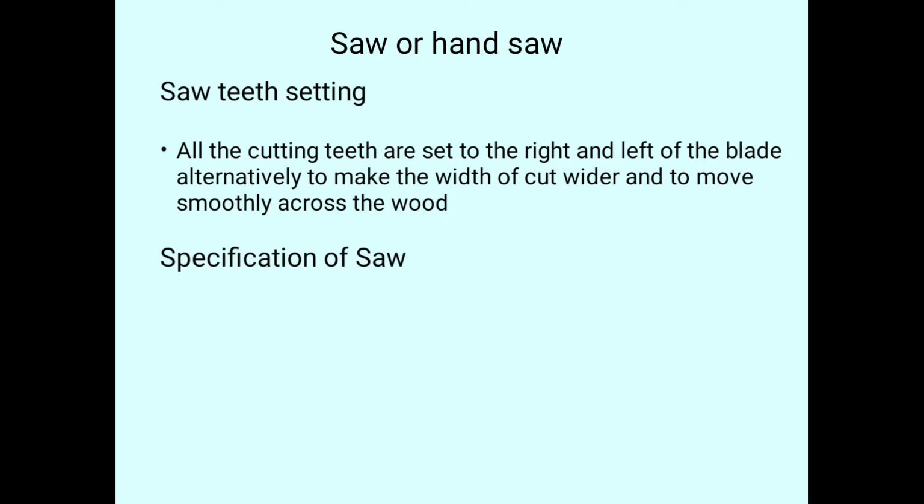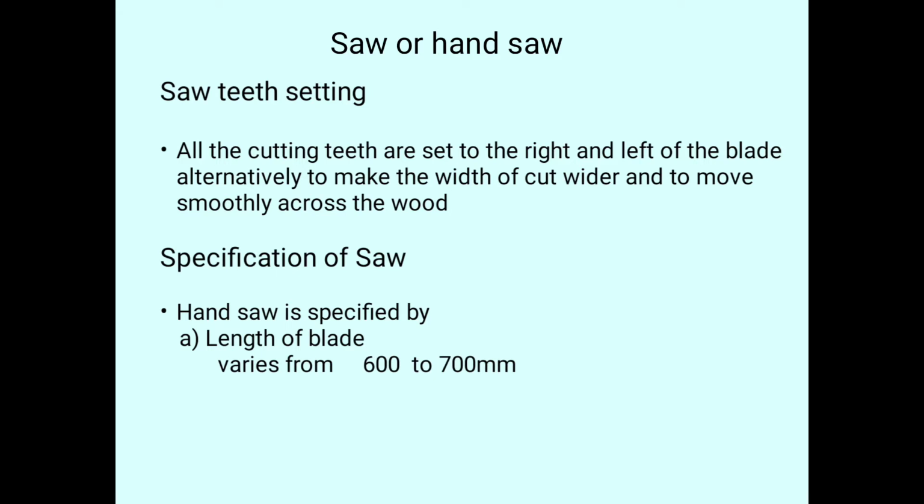Next we can see the specifications for the hand saw. A hand saw is specified by, first, the length of the blade, which varies from 600 mm to 700 mm.